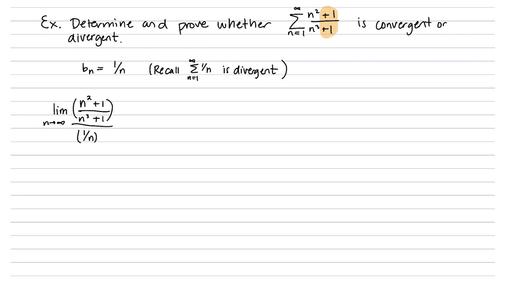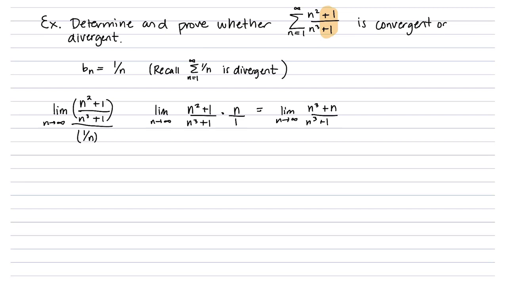I have a ratio of 2 fractions, so we're going to clean that up, multiplying by the reciprocal. This ends up being the limit as n goes to infinity of n cubed plus n over n cubed plus 1.